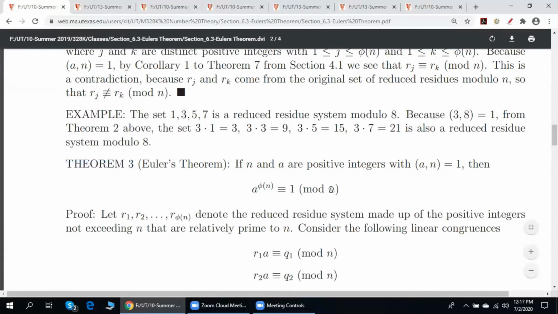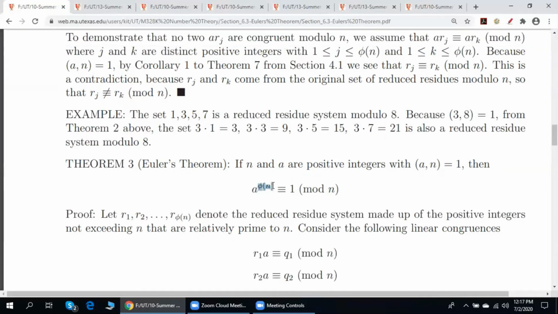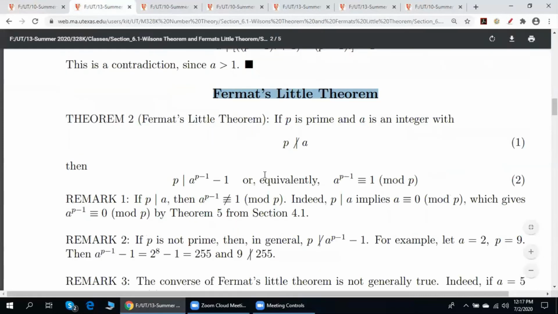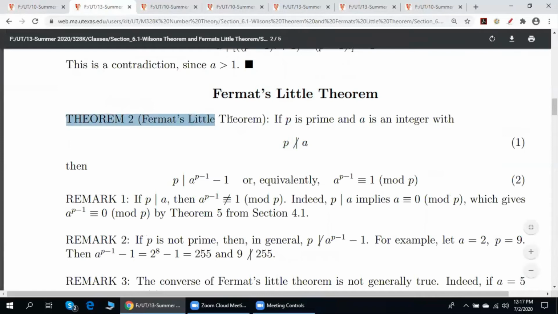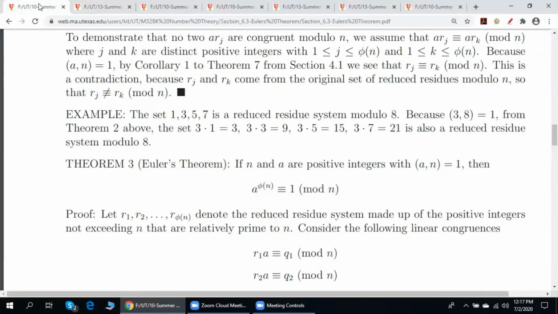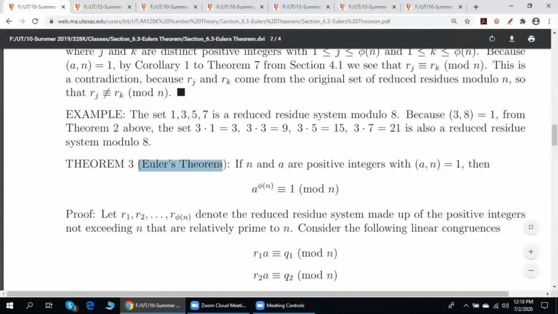Indeed, if n is a prime number, then phi of n is equal to n minus 1. Moreover, if n is a prime number and a and n are relatively prime, then indeed a is not divisible by n. This is exactly what we have in Fermat's little theorem. So Fermat's little theorem is a particular case of Euler's theorem.